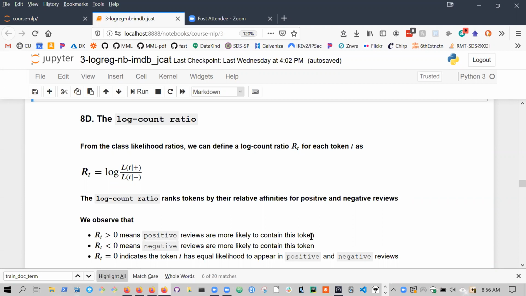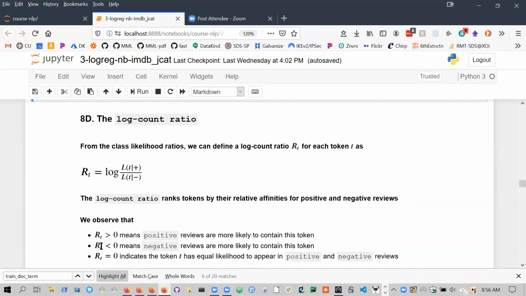So a word like love or good or exciting would probably have an R greater than 0 because it's more likely to occur in positive reviews. And in the same way, if the denominator is greater, then this log is going to be the logarithm of a number that is less than 1, and then that logarithm is going to be negative, right?